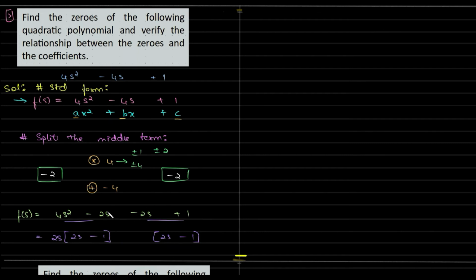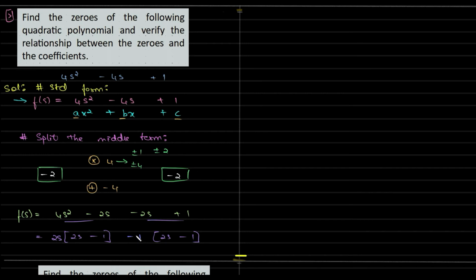So here, if you look at it, you won't feel that there's anything common. Whenever you come across a scenario wherein there are no numbers common, by default it is 1, either plus 1 or minus 1. That you need to decide. In this case it's minus 1. The simple reason being, minus 1 into 2s will be minus 2s, and minus 1 into minus 1 is plus 1.